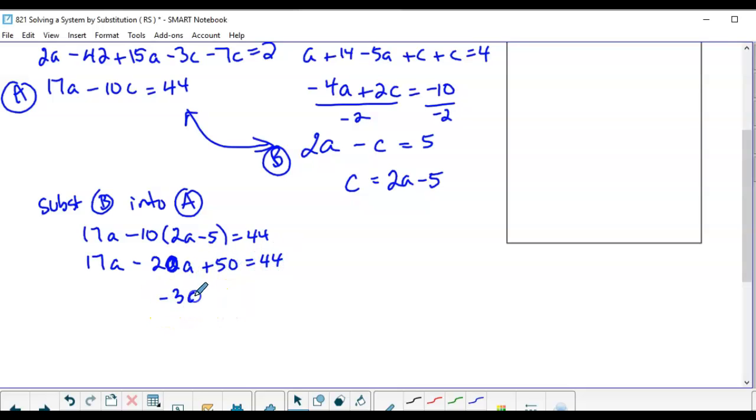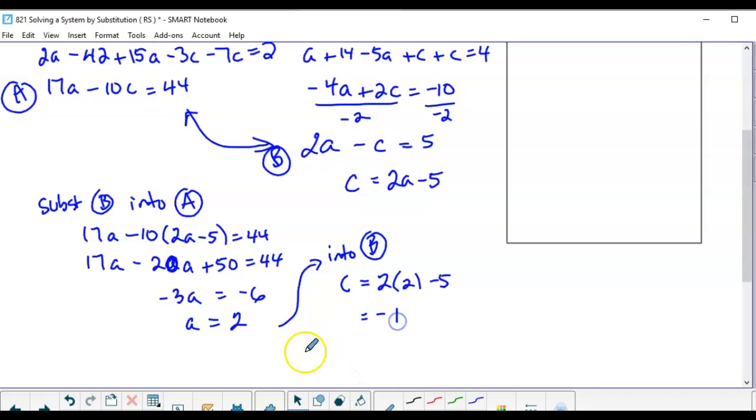So negative 3a equals negative 6, so a equals 2. Then substitute that back into B. So c will be 2 times 2 minus 5, which is negative 1.